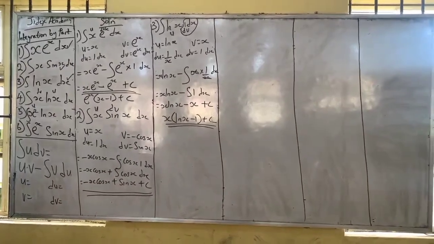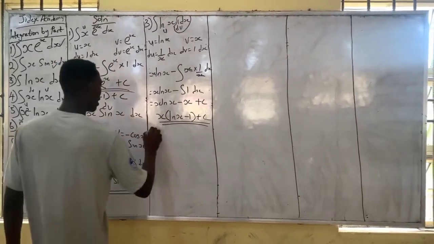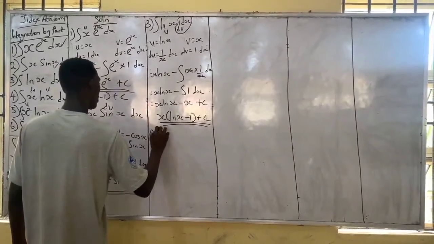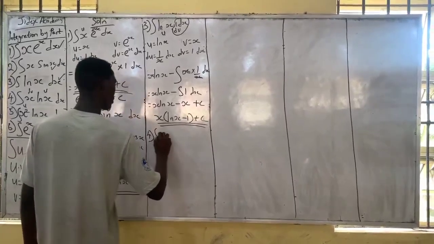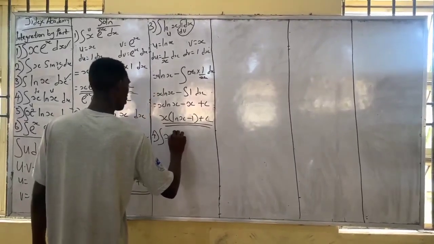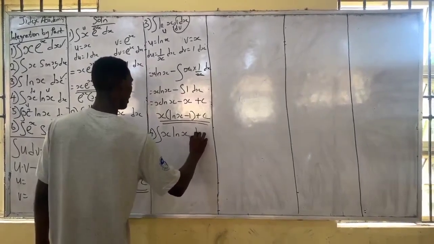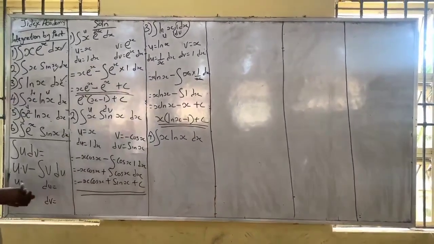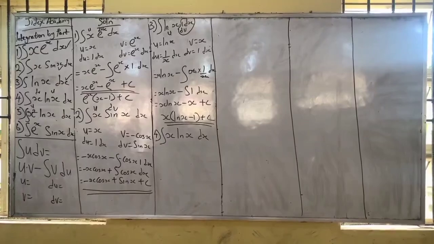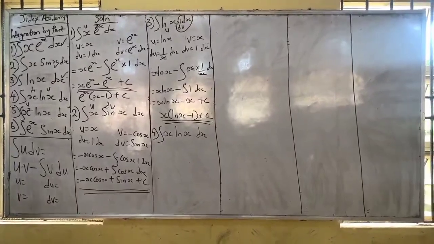Now the next one is number 4: the antiderivative of x ln x dx. This is where I will be taking a different measure.